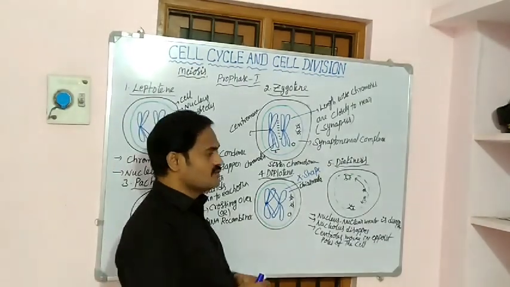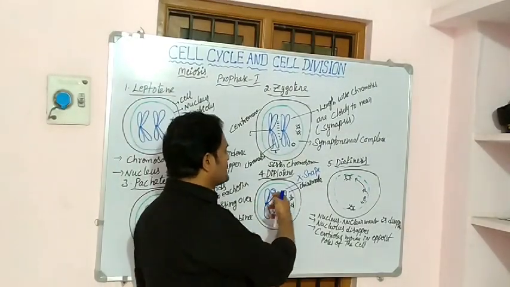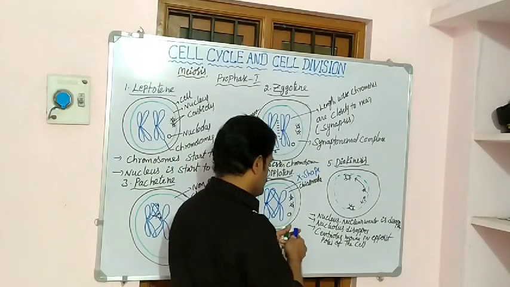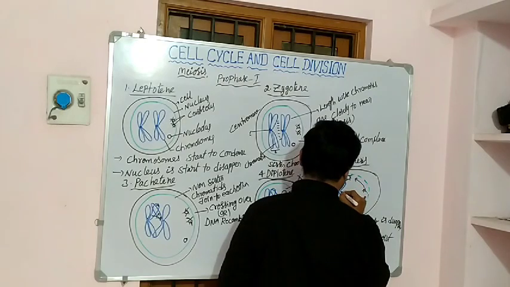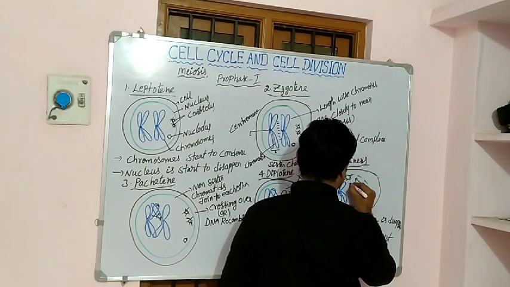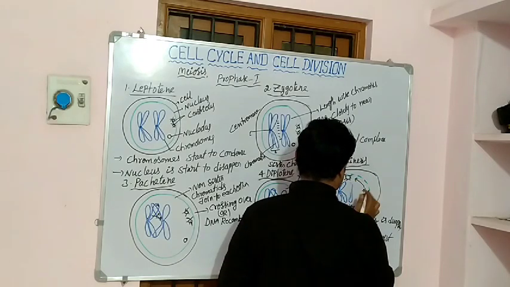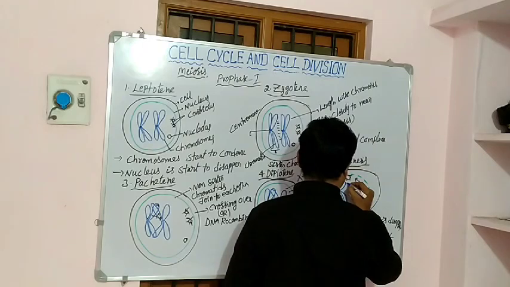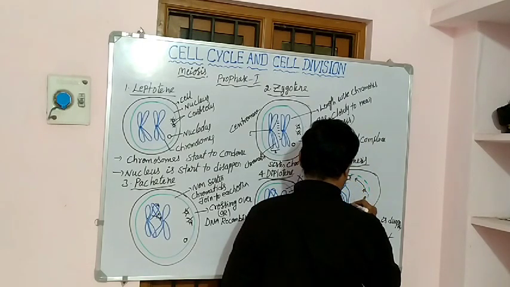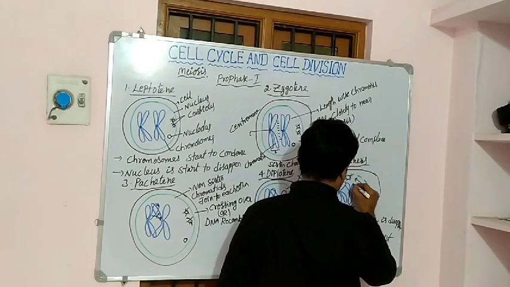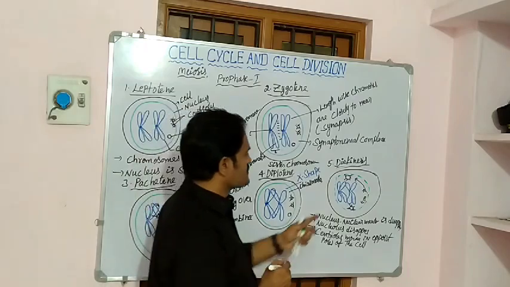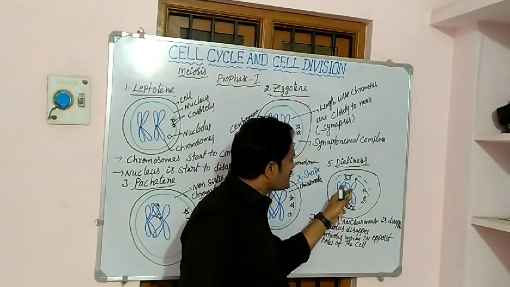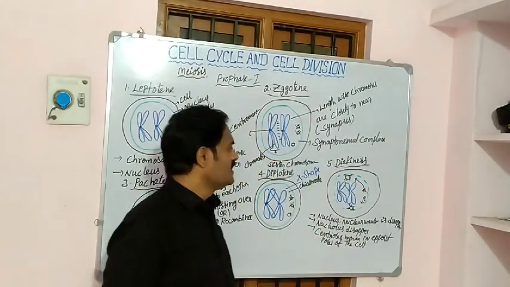Then what will happen next? The chromosomes are attached only at the terminal region like this. See how they are arranged here. Only the edges of both non-sister chromosomes are attached, at the terminal part of the chromosome.